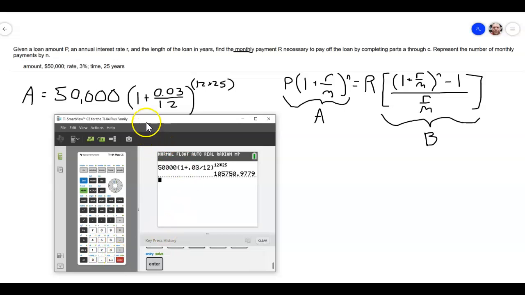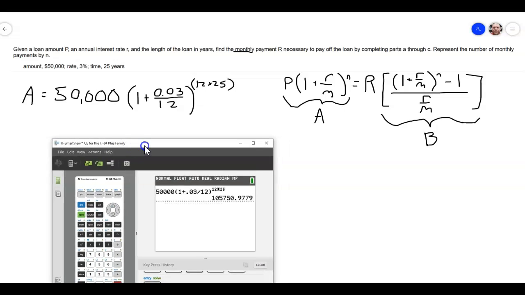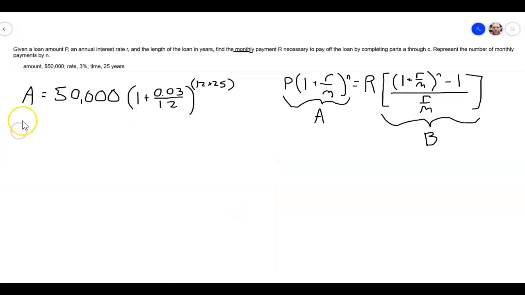And since I'm in the middle of a formula, I'm going to write that whole thing down. That is 105,750.9779. So A is going to be equal to 105,750.9779.